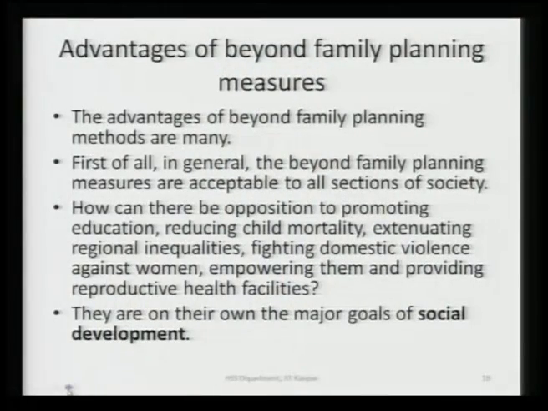How can there be opposition to promoting education, reducing child mortality, mitigating regional inequalities, fighting domestic violence against women, empowering them and providing reproductive health facilities? They are on their own the major goals of social development.